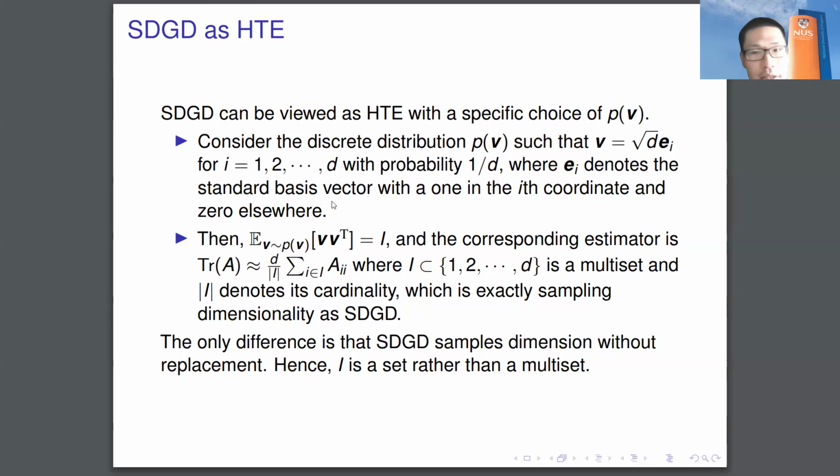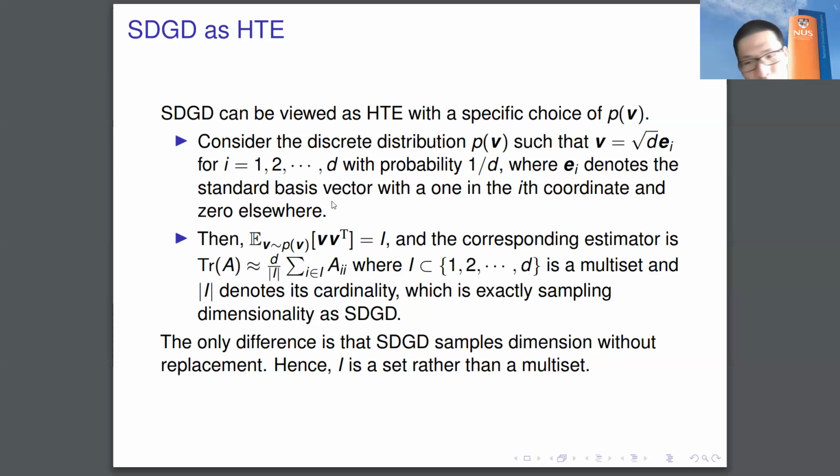It is very easy to check that this distribution satisfies the assumption of Hutchinson trace estimation. If we plug this distribution of V into Hutchinson trace estimation, then we get SDGD. We are sampling dimensions to estimate the Hessian trace, which means we randomly sample different entries on the diagonal to estimate the trace.